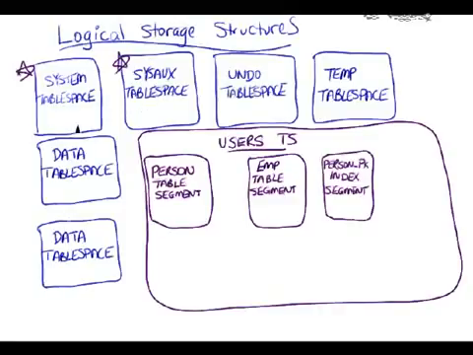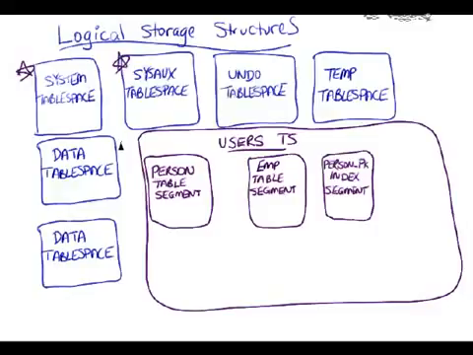A really good thing to do as a DBA is to make sure that your regular users do not store their objects in the SYSTEM tablespace or the SYSAUX tablespace, because those are supposed to be reserved for special purposes. Typically you'll have a users tablespace. Really you can call your tablespaces anything you want to.